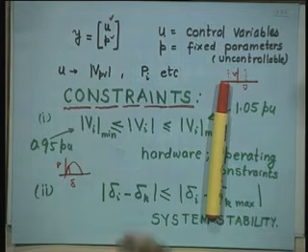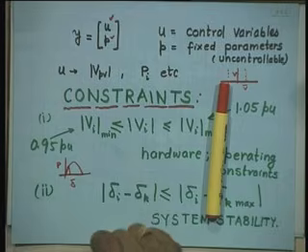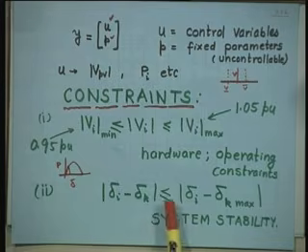In fact, the maximum power occurs at delta equal to 90, EV by X, that is P max. But in practice it never goes beyond 30 degrees because of stability requirement, and hence delta_i minus delta_k should be less than or equal to delta_i minus delta_k max.